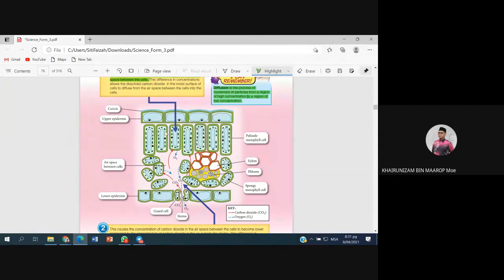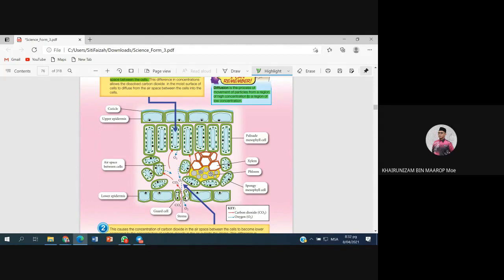So this will increase the osmotic concentration of the guard cell here. Inside the guard cell there is water as well, inside the plant cell. So water from the neighboring epidermal cells diffuses into the guard cell by osmosis.